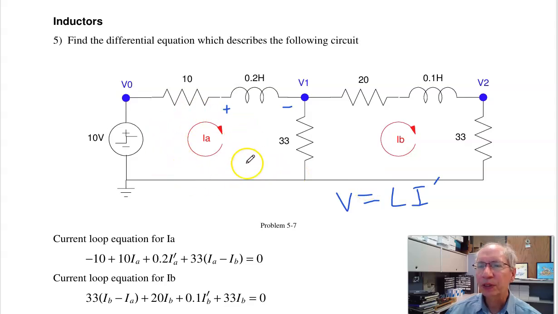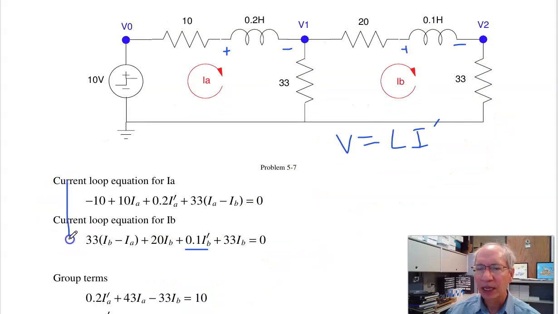So doing the loop current around IA, I get minus 10 plus 10 IA plus this voltage, which is L di/dt, 0.2 IA prime, plus 33 IA minus IB equals 0. Second one, do the loop equation, I get 33 IB minus IA plus 20 IB plus this voltage, that's L di/dt, plus 33 IB equals 0, and poof.